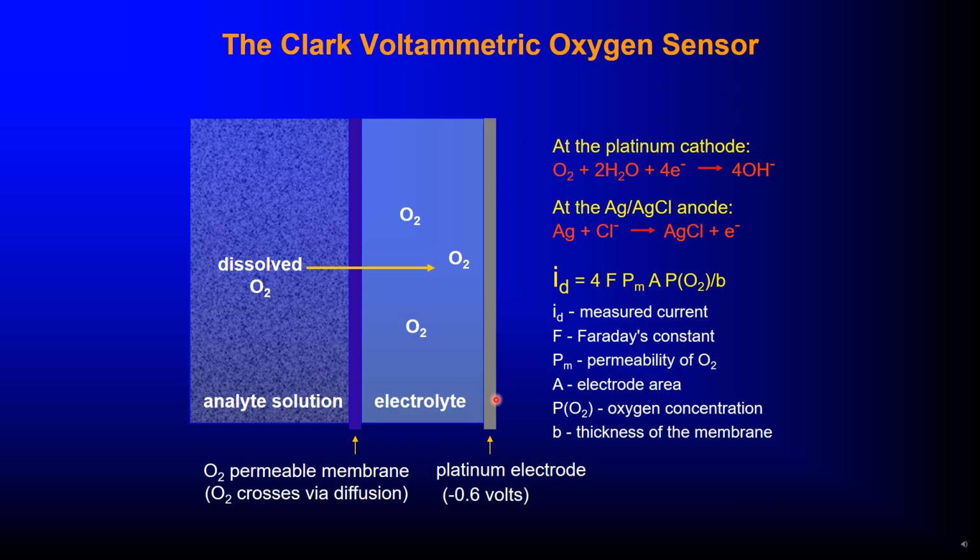Several gases diffuse across the membrane, including oxygen, nitrogen, and carbon dioxide. Only oxygen is reduced at the cathode, and you can see at the platinum the reaction that is taking place.